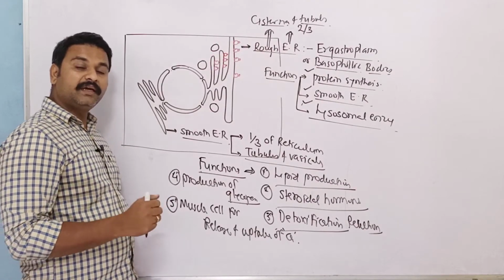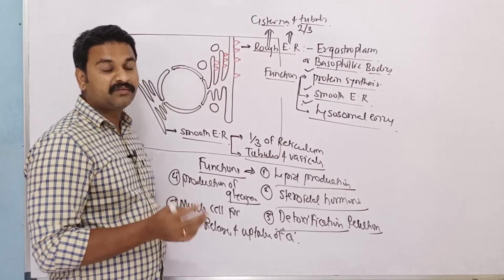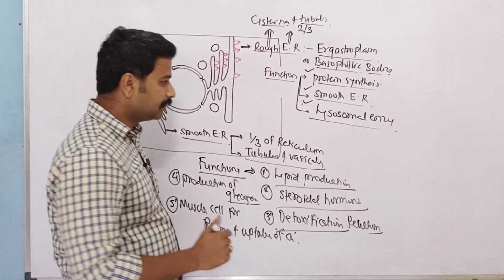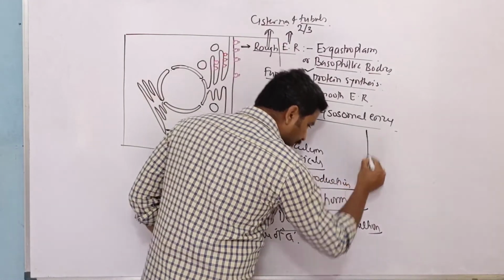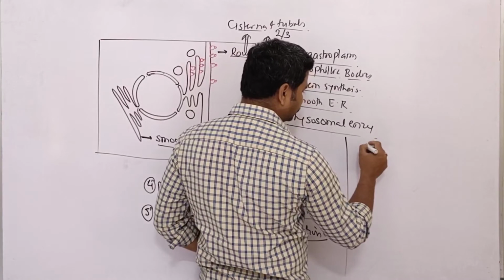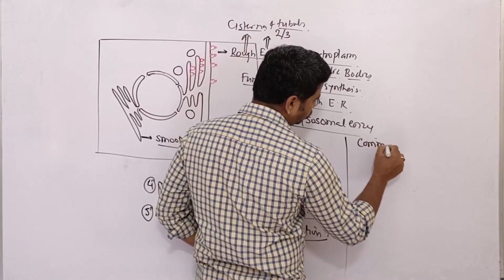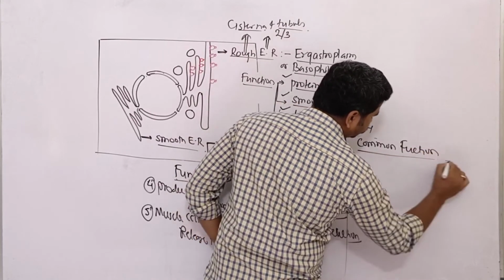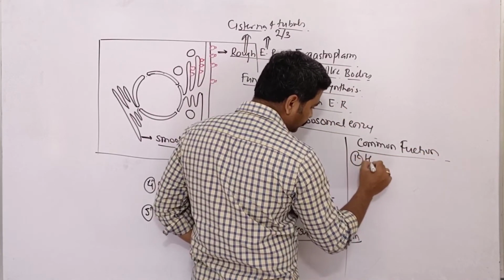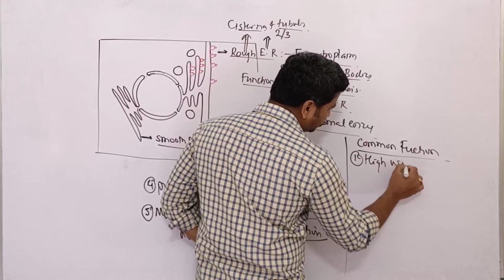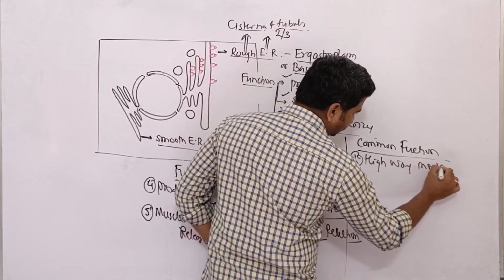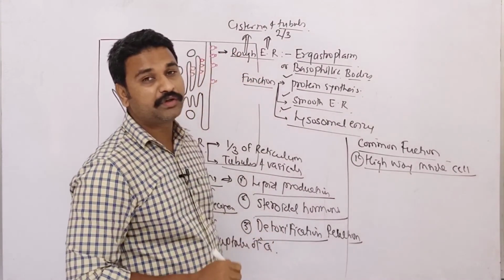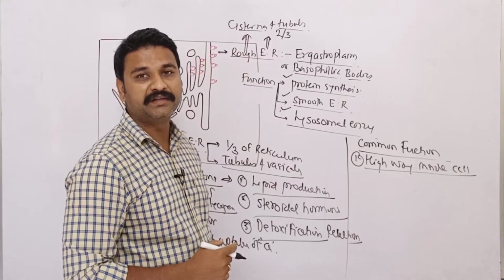Now, if we talk about the common functions of both rough and smooth endoplasmic reticulum, commonly they are called highways inside the cell, because their main function is the transportation of substances from one place to another.